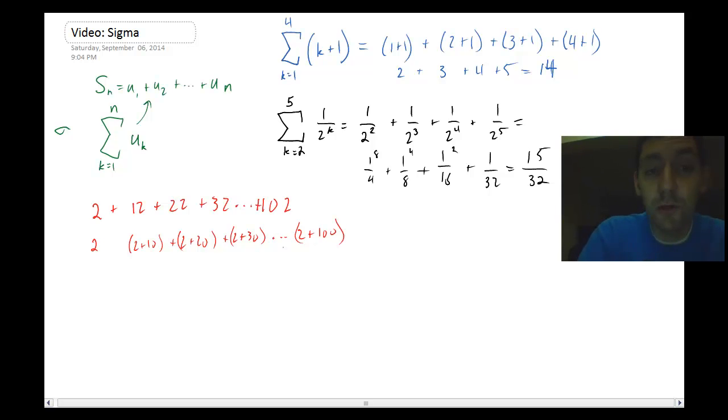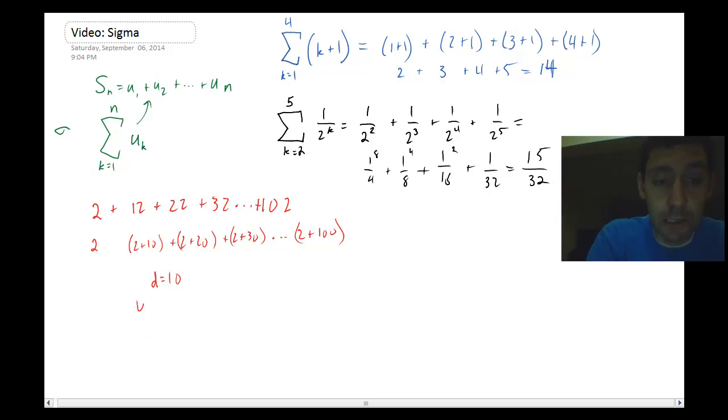So we can do this just by finding the general term, and then add them up from 1 to n. So we know that this is a constant difference. Constant difference is 10, so we can say d equals 10, and now we can write out our formula.